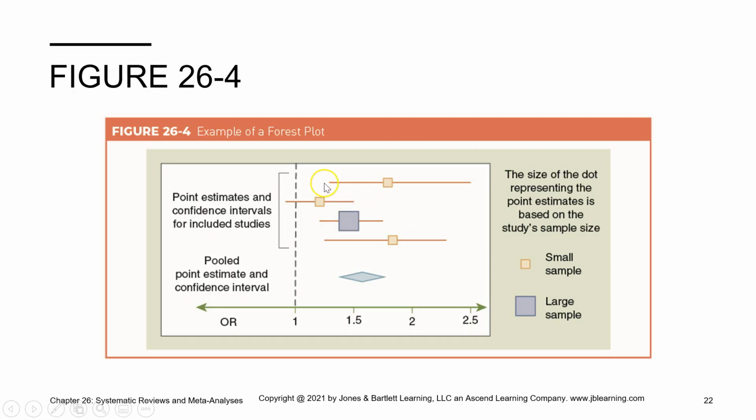And so this small sample size here has a much wider confidence interval here, represented by the lines. Now this diamond at the bottom is the pooled estimate and the confidence interval based on these studies. So this is including all of the results of these 4 studies up top here as a pooled estimate with confidence intervals there.